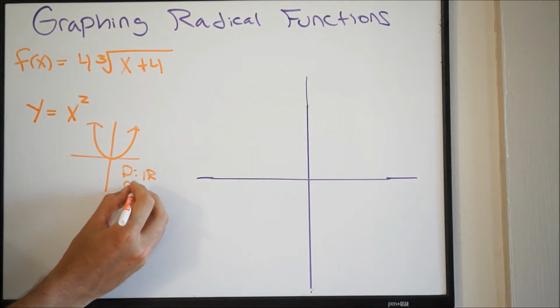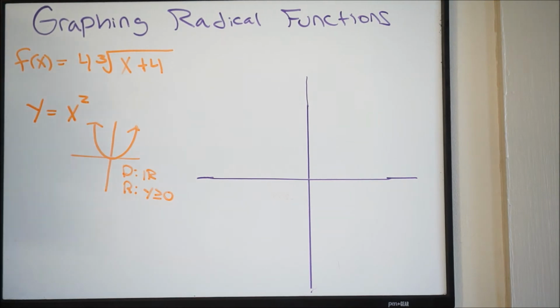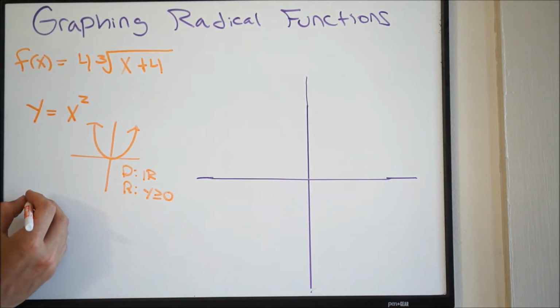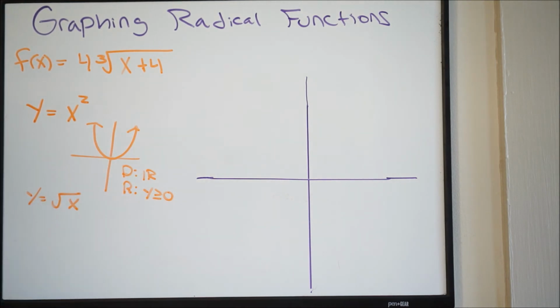And the range is going to be all numbers greater than or equal to 0. Okay? And from that we took the inverse, and when we took the inverse, right, we got y equals the square root of x, and this is what we were graphing, right? So again, this would be considered the parent function of a square root, and that is what we were graphing.